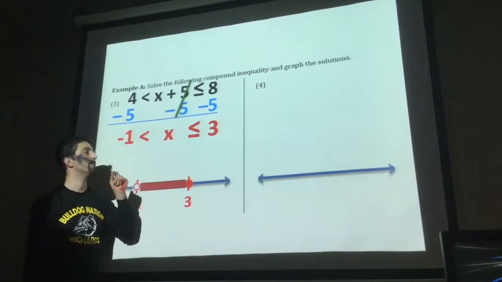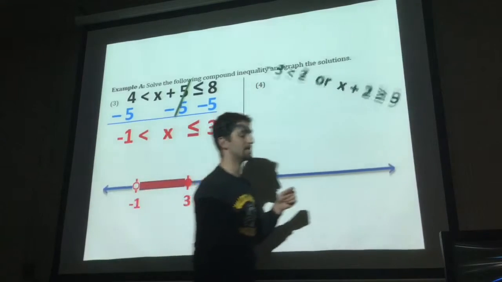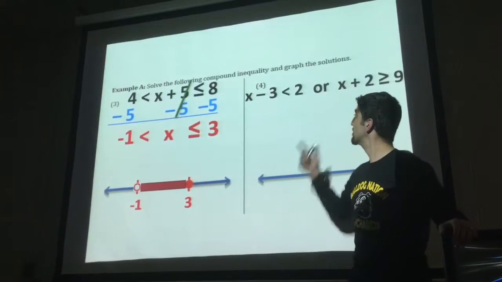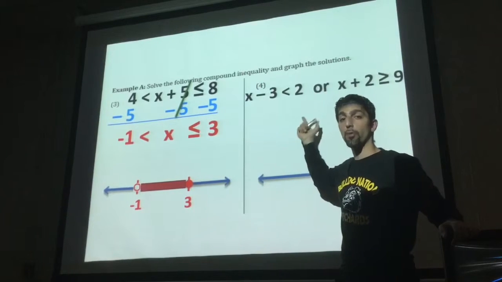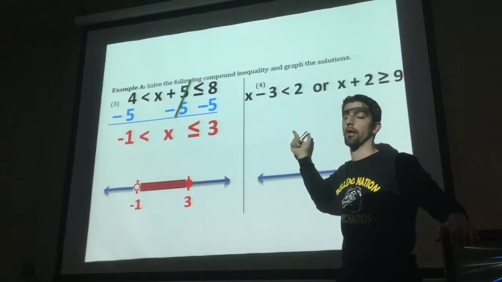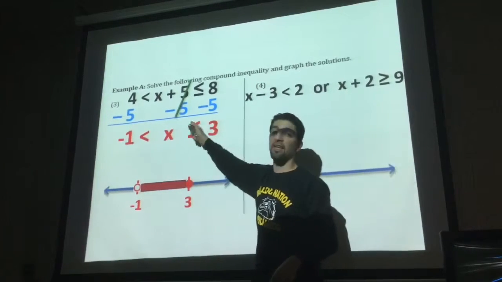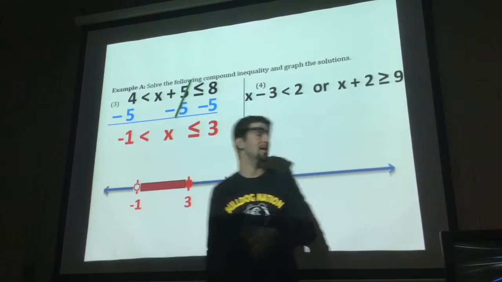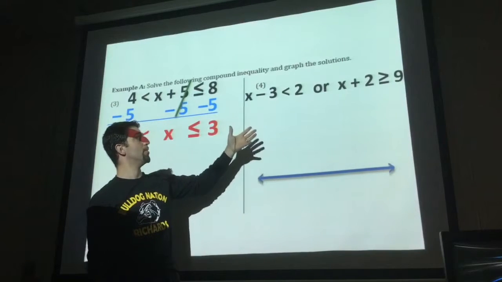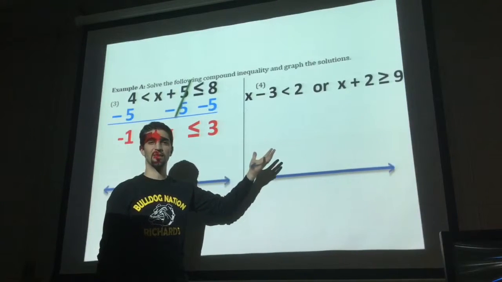Now for number 4. Number 4 is an OR problem because there's an OR in it. You will never see an OR problem that does not have an OR in it. If there's nothing in it, it's automatically AND. So we have to make sure we understand that. When it's an OR problem, you're going to solve them individually.